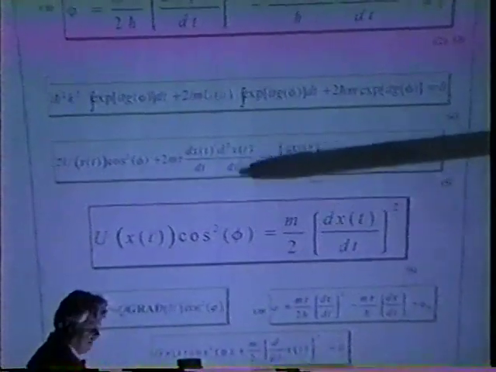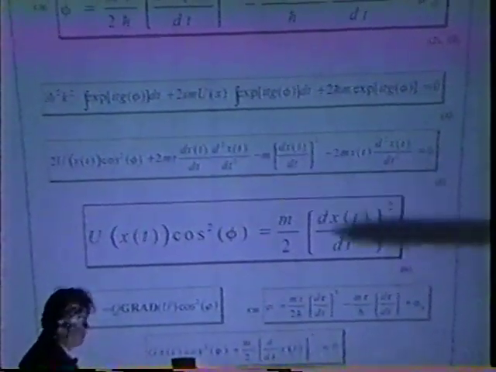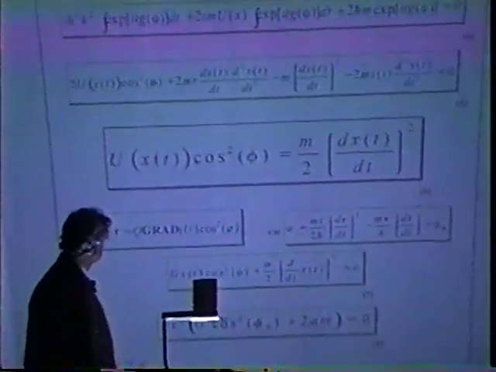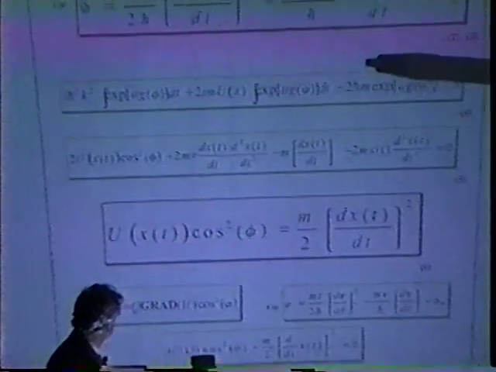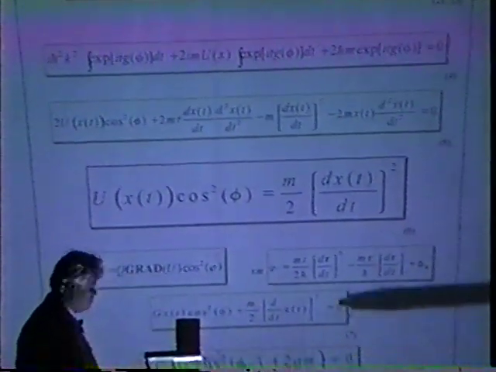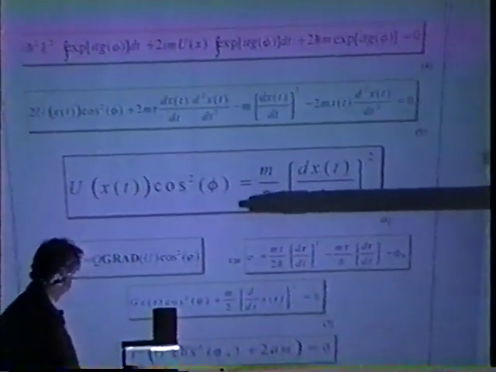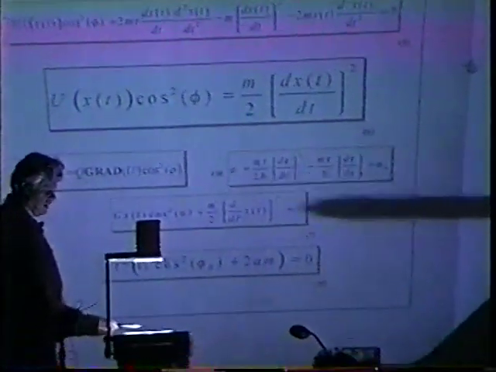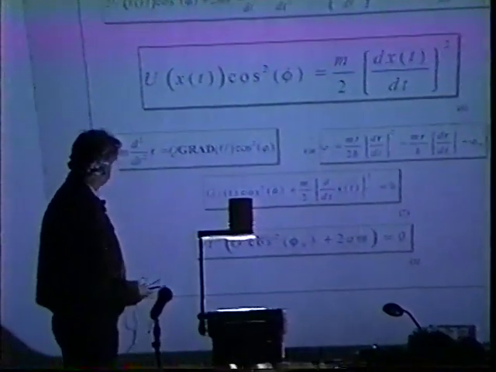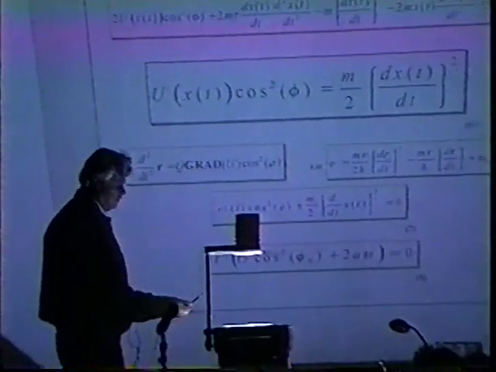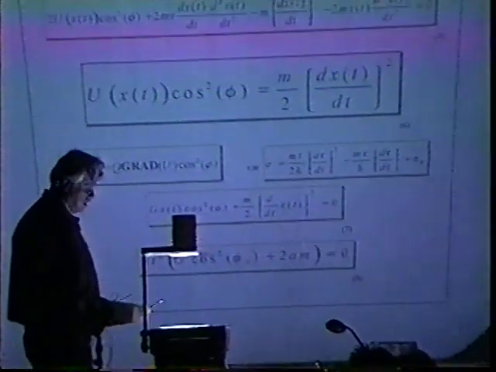After differentiation, you see that for very short distance and time, member 2 and member 4 are equal. You obtain this equation, from which I have the possibility to obtain the moving equation.